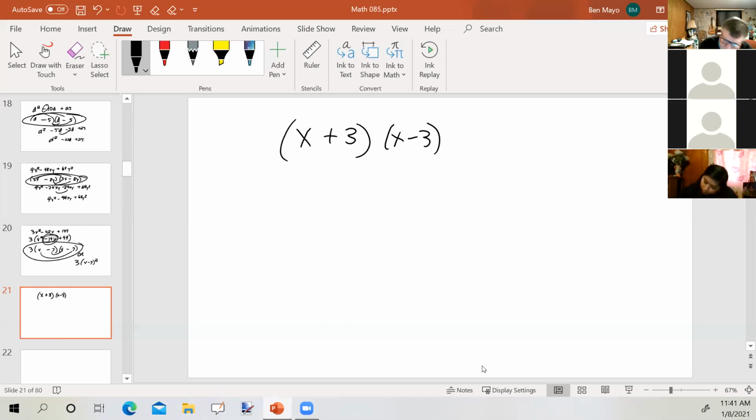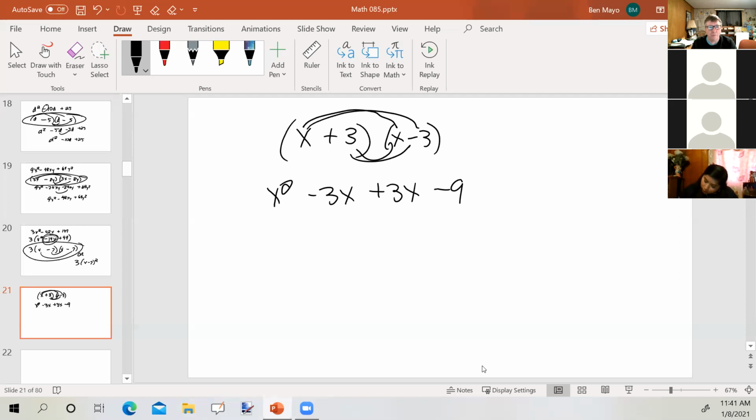When we FOIL them together, we get x squared minus 3x plus 3x minus 9. However, when we combine like terms, the two middle terms cancel each other out, and we're left with another binomial.